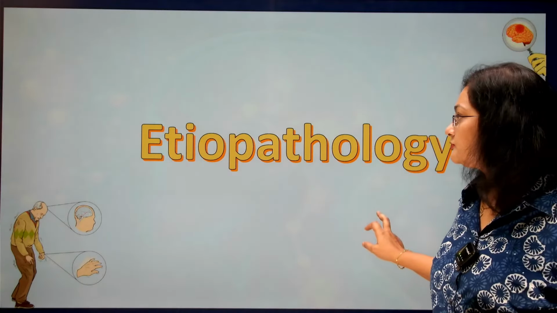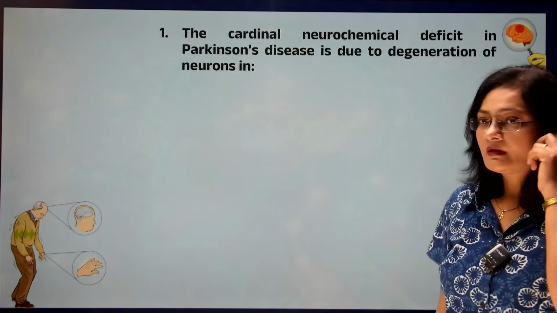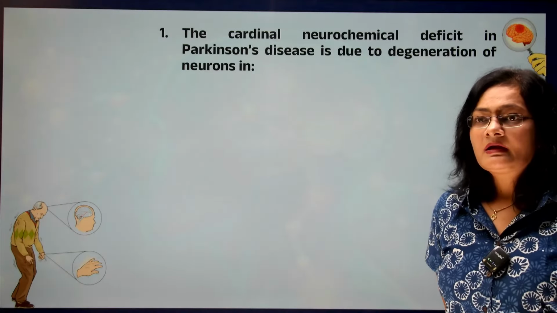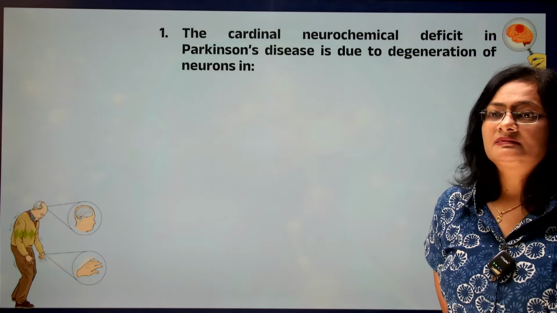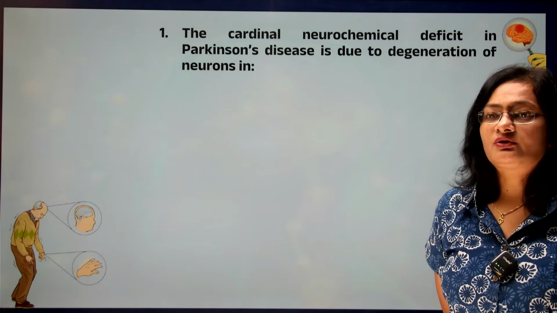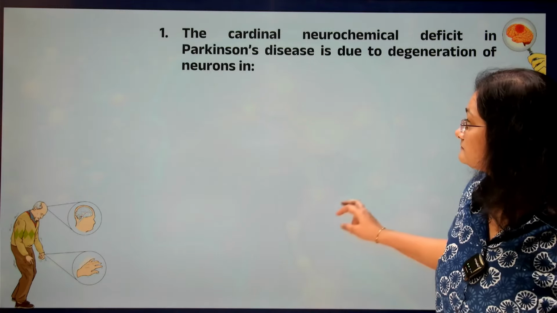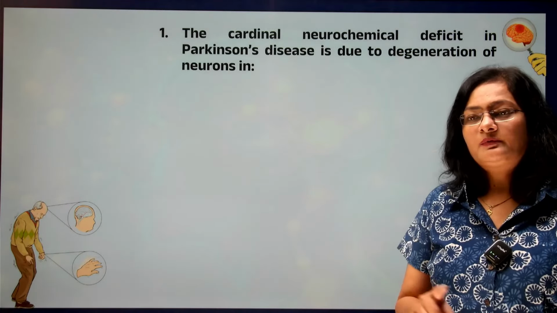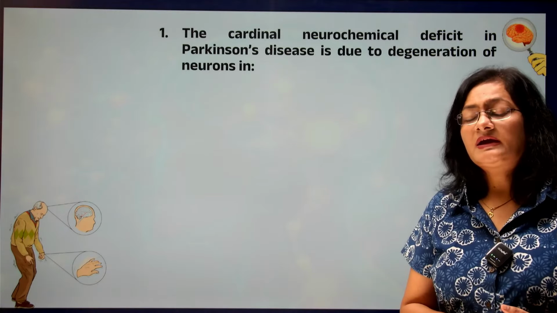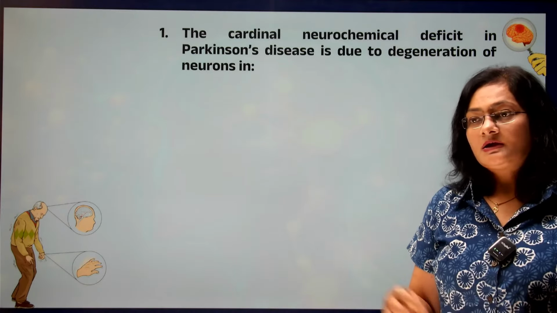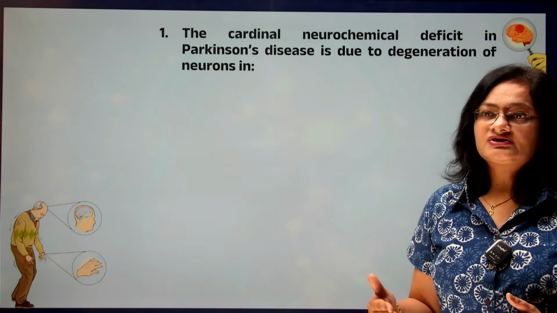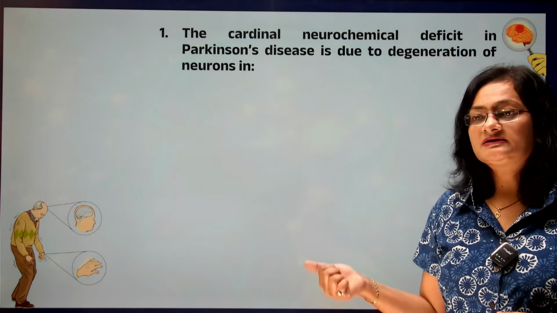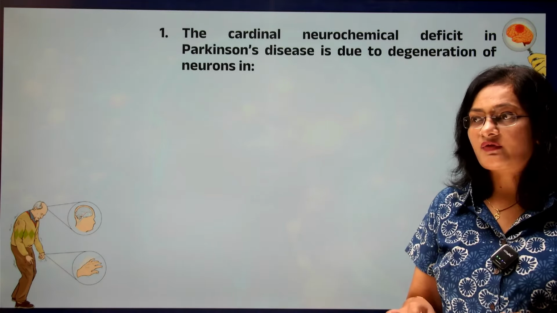So, etiology of Parkinsonism. First question is, the cardinal neurochemical deficit in Parkinson's disease is due to degeneration of neurons in. Parkinson's will be produced due to affection of the extrapyramidal system. Stroke is the pyramidal disorder or UMN lesion. This is an extrapyramidal disorder where the basal ganglia is affected.